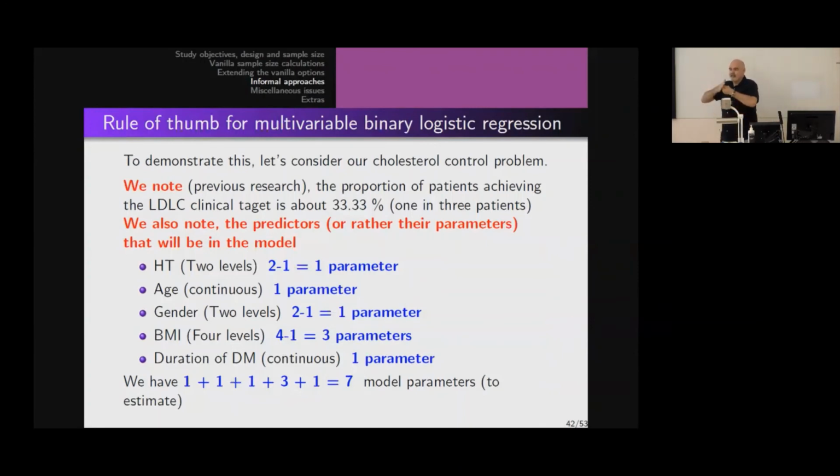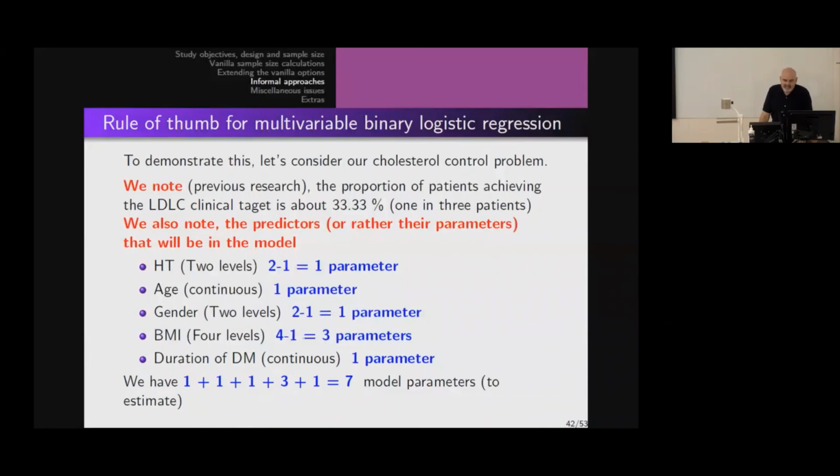We estimate 3 parameters, the difference from normal weight or normal BMI. Just remember, it's a degrees of freedom thing. Number of groups minus 1 is always used. The duration of diabetes, which is continuous, is 1 parameter. So we have 1 plus 1 plus 1 plus 3 plus 1 equals 7 model parameters.